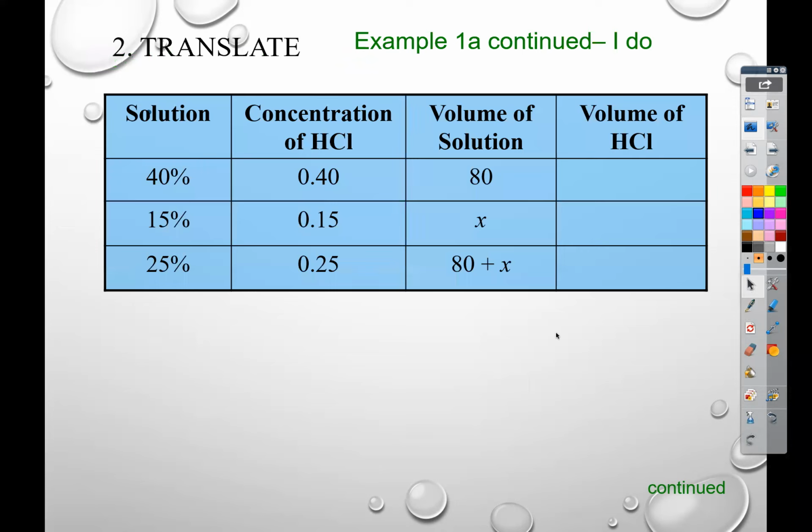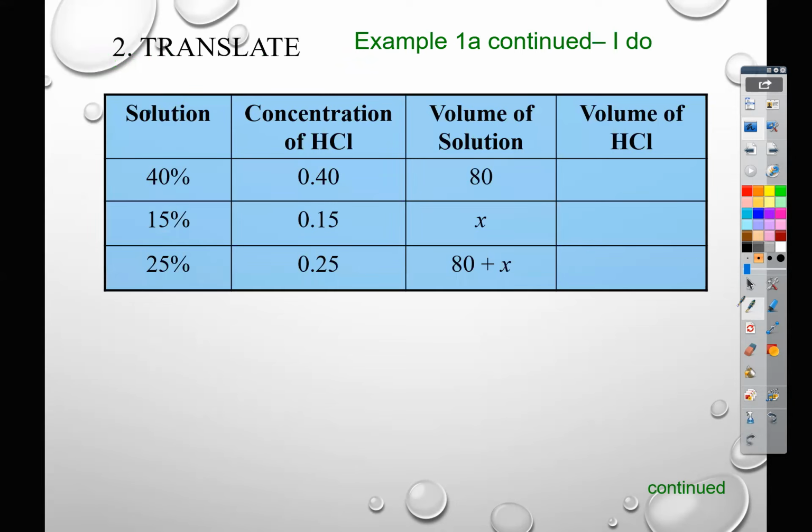So they set up this table so that you can see. Again, 40% of the 80 milliliter solution, 15% of another solution, we don't know how much, gives us the total concentration that we want of 25% hydrogen chloride solution of the two combined volumes.